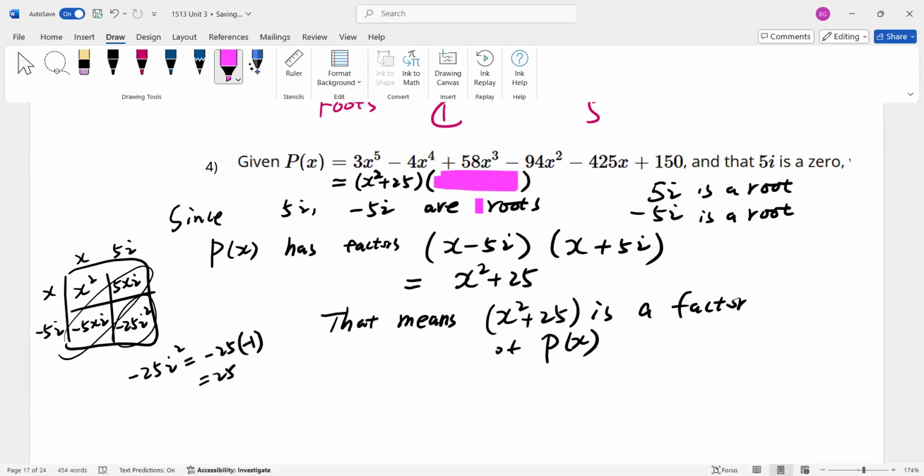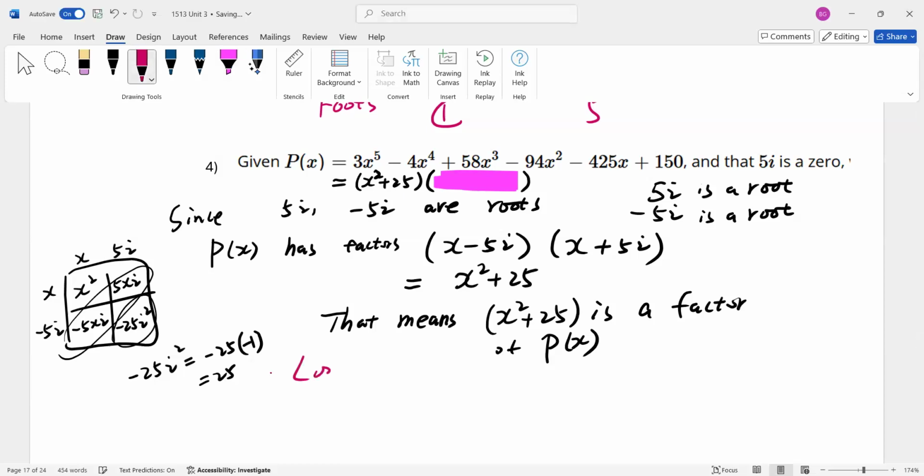We need to find that one, the pink one. In order to find it, we're gonna use long division, because the synthetic method only applies when the divisor has degree 1.